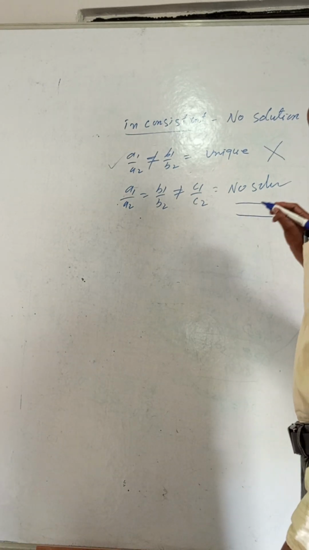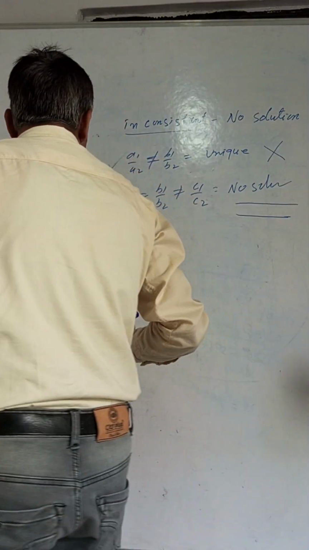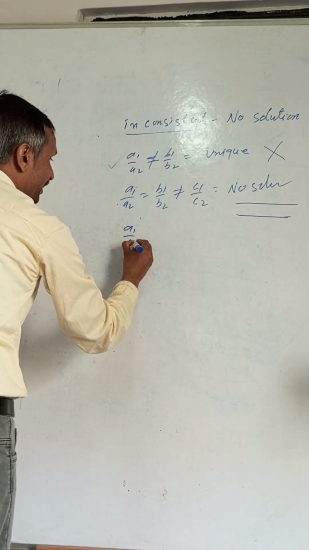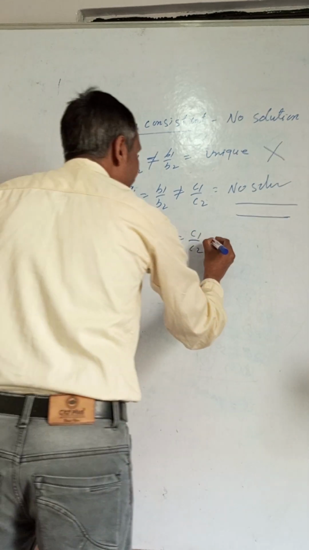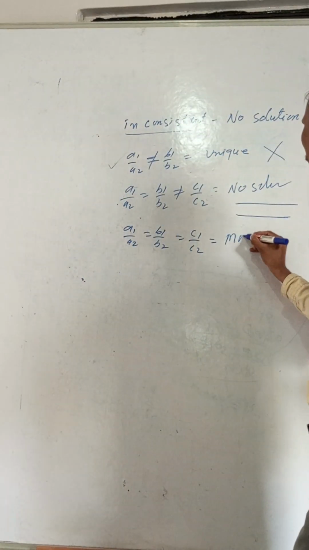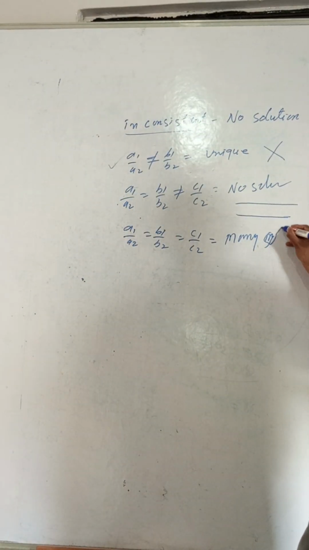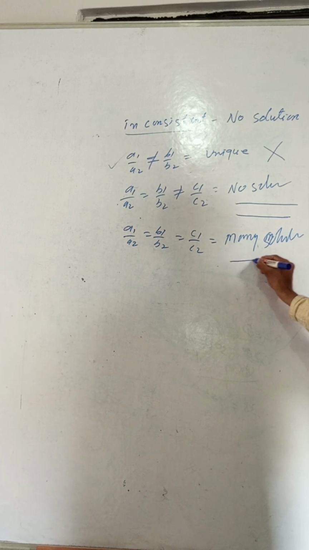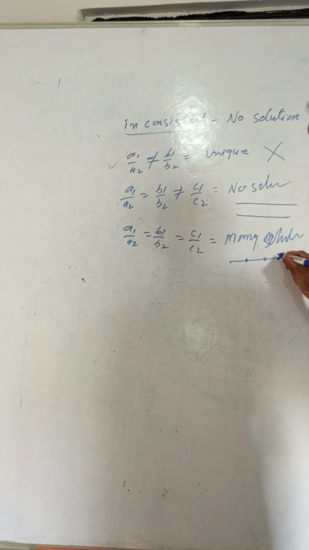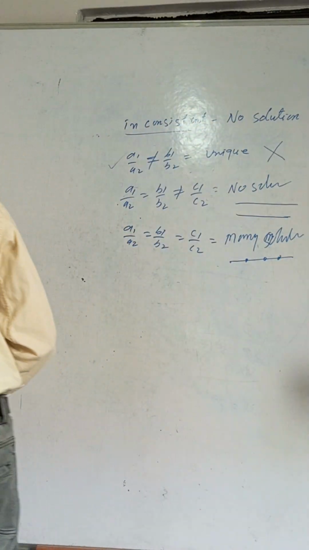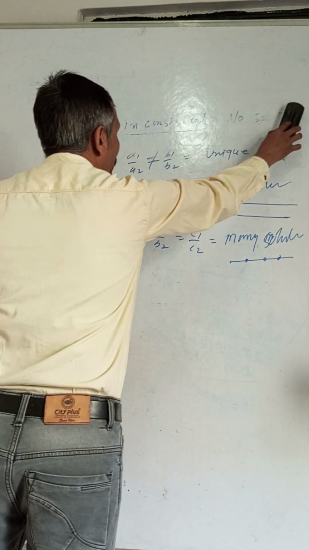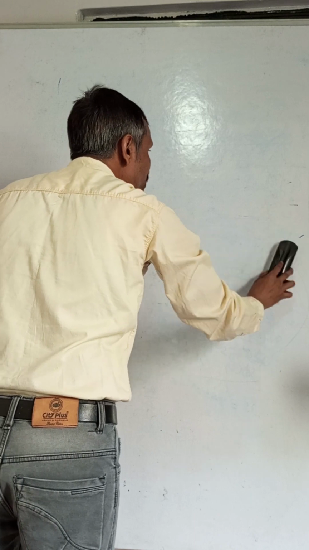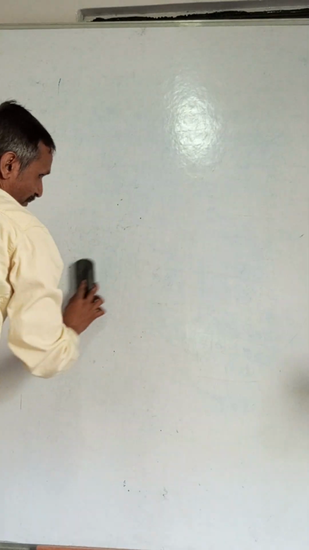If a1 by a2 is equal to b1 by b2 is equal to c1 by c2, then there are many solutions, and the lines will be coincident lines, meaning one line lies on the other. Those are the solutions of linear equations in two variables. So here, inconsistent means no solution. Consistent means solution, maybe unique or many.